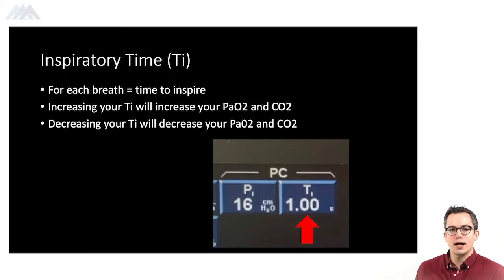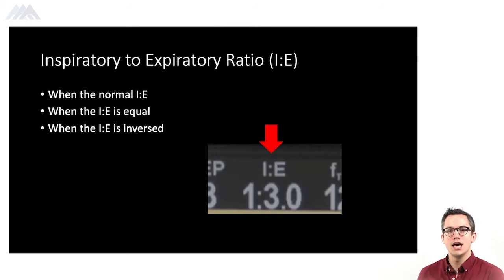Physiologically, you and I right now are spending twice as long exhaling as we are inhaling. And if you just take a couple seconds to take a breath in and then take a breath out, you might not have even realized that you are breathing out longer than you're taking a breath in.